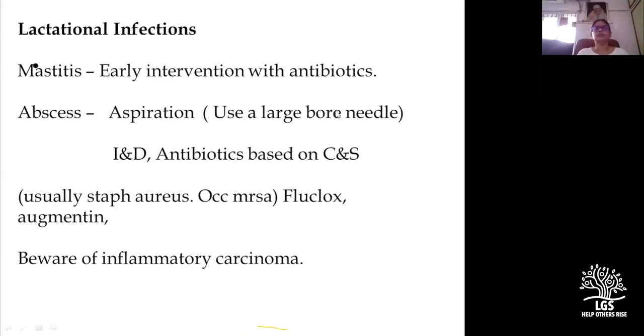We talked about this earlier. The only thing that you have to remember always is not to miss an inflammatory carcinoma, particularly when you're seeing the breast at that early stage. I have seen one patient who was lactating who had an inflammatory carcinoma.